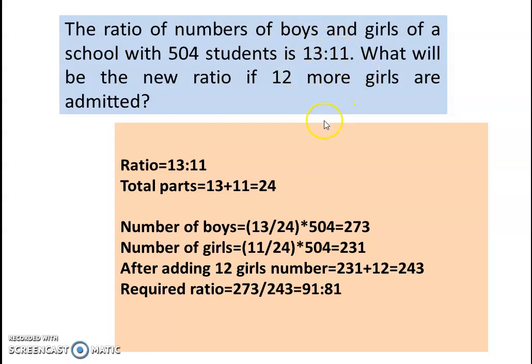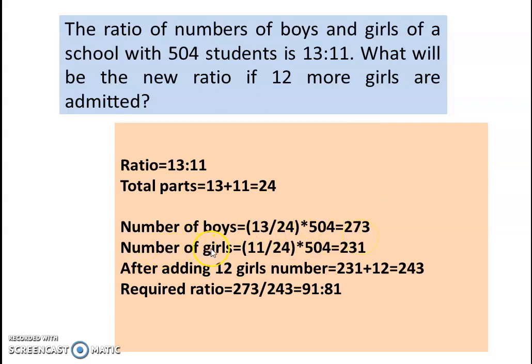Total parts are 24, and out of 24, number of boys we have 13 and number of girls is 11 out of 24, and total students are 504. So we can easily find number of boys as 13/24 into 504, and after solving this value is 273.